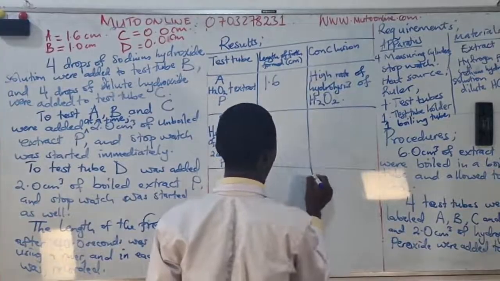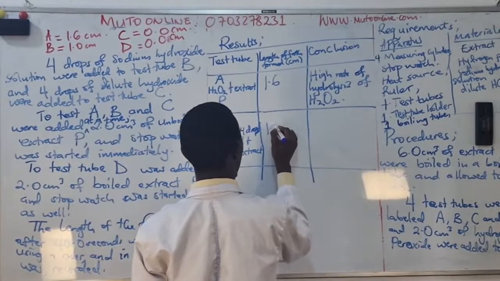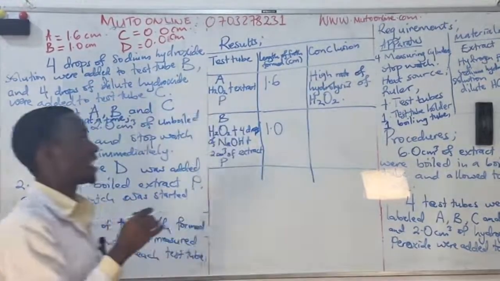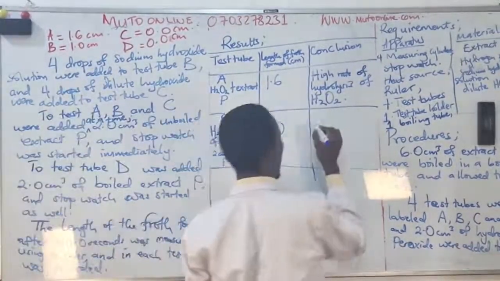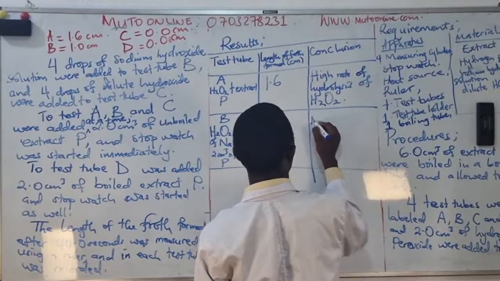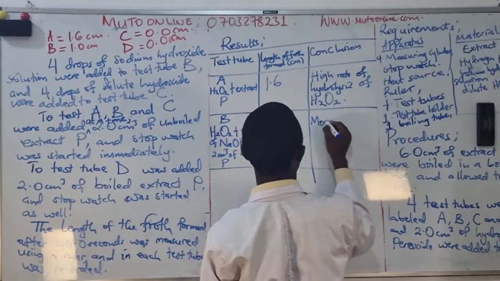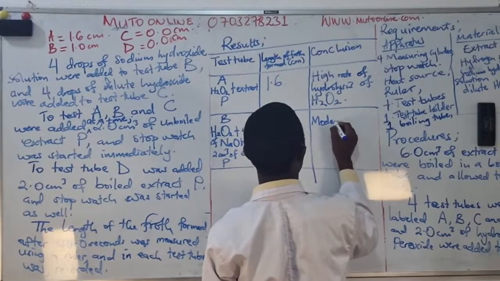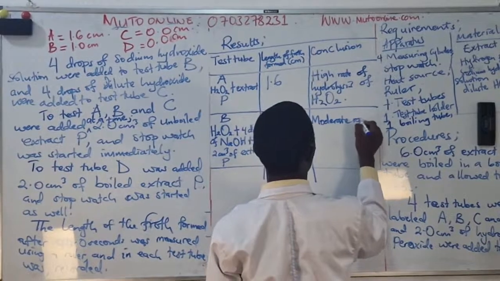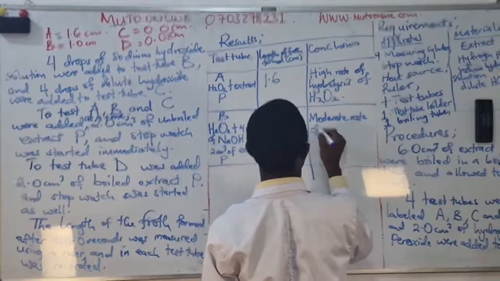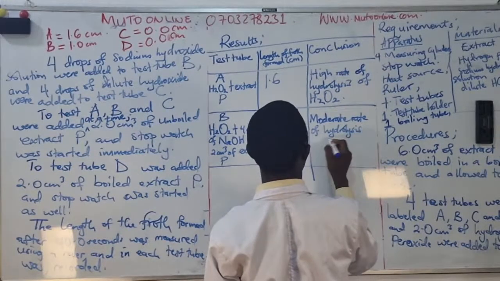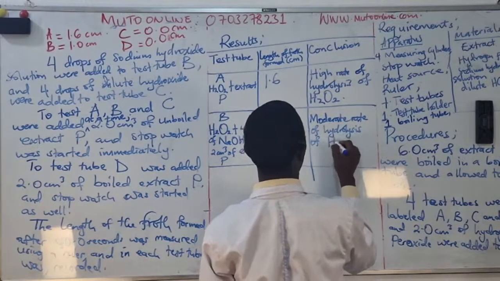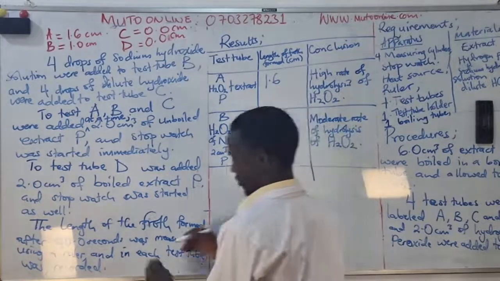My observation or result was 1.0 as the length of the froth. So here, based on the first result, this is indicating moderate rate of hydrolysis of hydrogen peroxide.